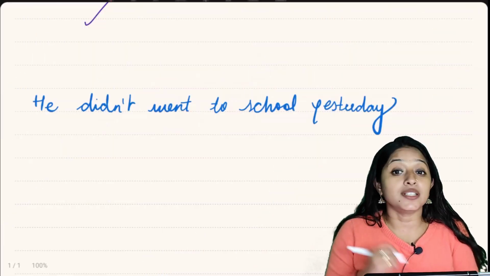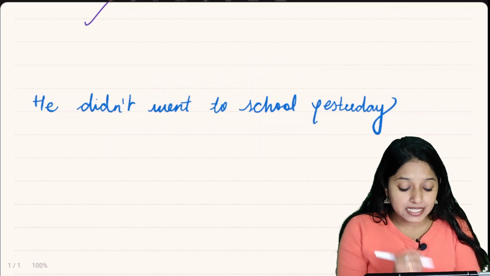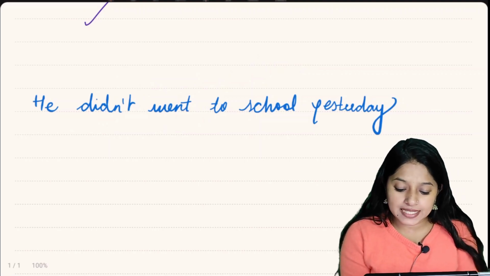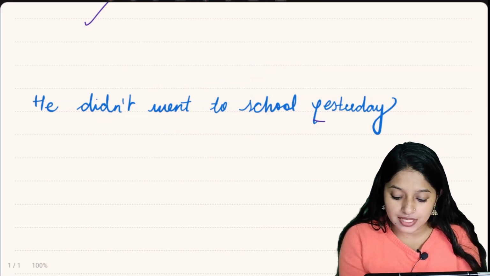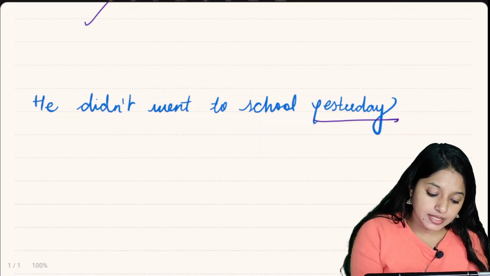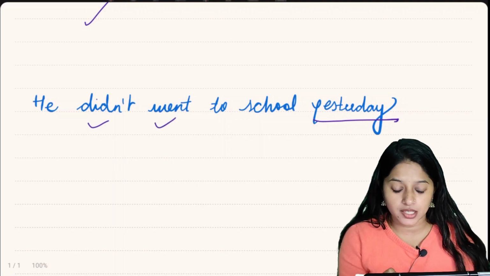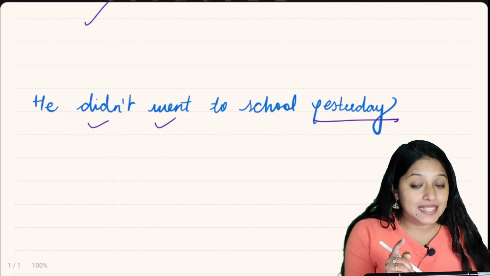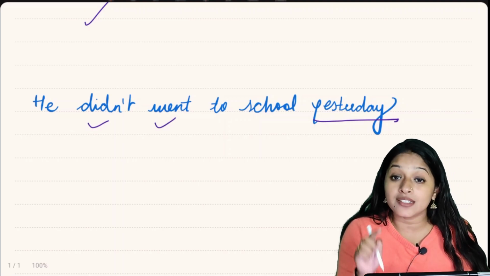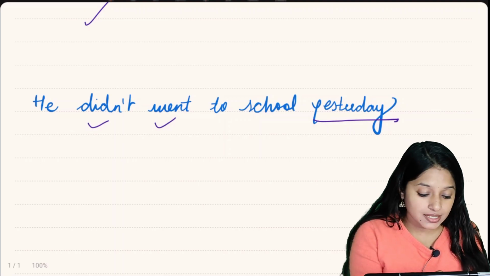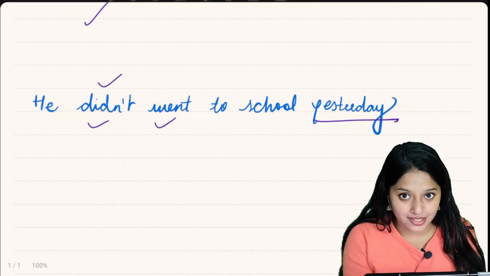Let's move on to the third sentence, that is, he didn't went to school yesterday. Okay, so we know that it is already a past sentence because it is yesterday. So didn't is also past, went is also past. So in one sentence we don't need two words which indicate past tense. See here it is didn't and went, right?